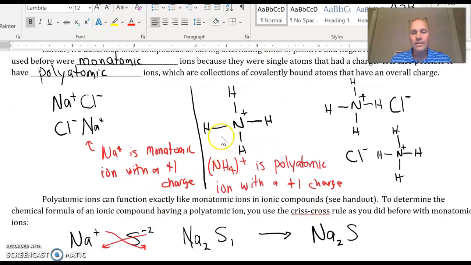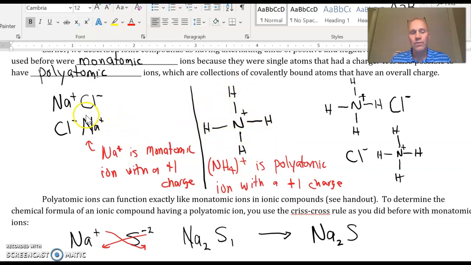The thing is that a polyatomic ion can function just like a monatomic ion in an ionic compound. So in sodium chloride, the +1 charged ion is sodium. But recall that's got the exact same charge as this polyatomic ion.